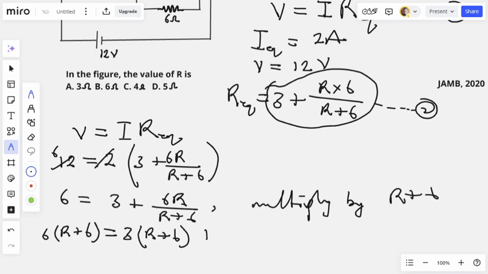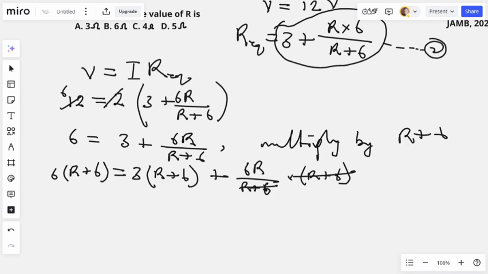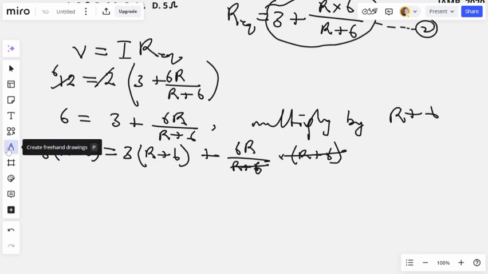And then plus, remember, if you do this, 6R divided by R plus 6 times, you open bracket, R plus 6. So here and here are the same, so they will cancel each other. So we proceed.